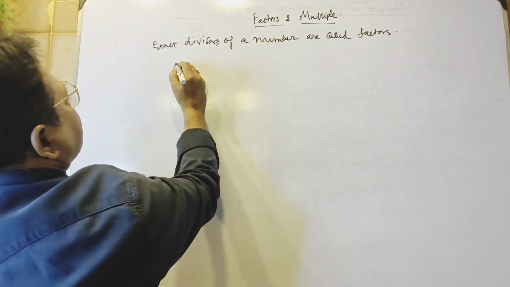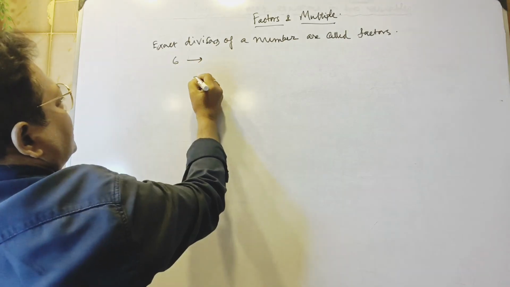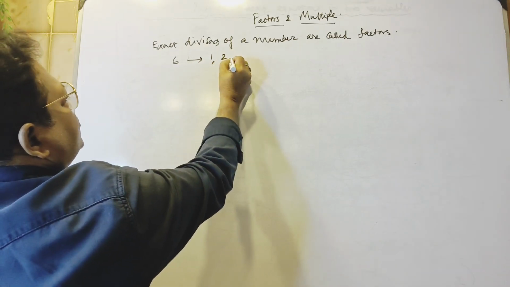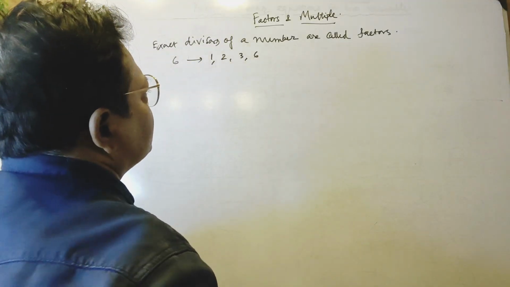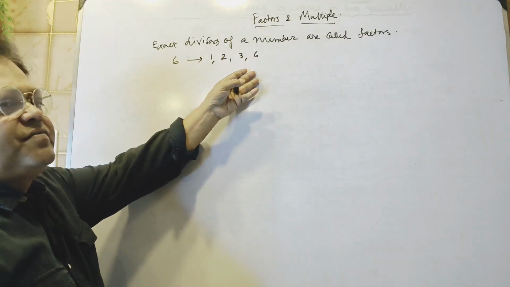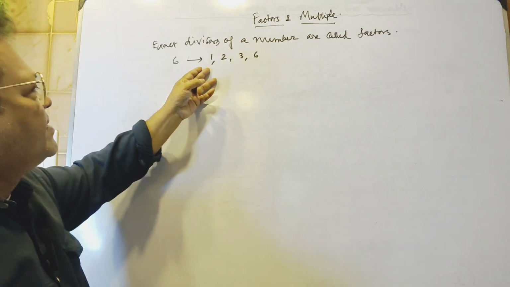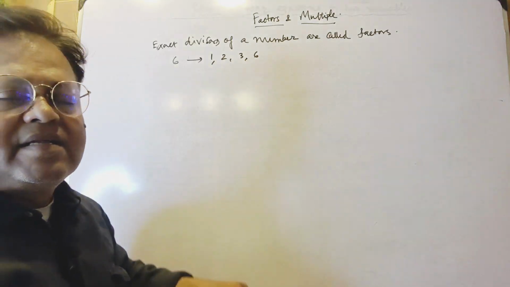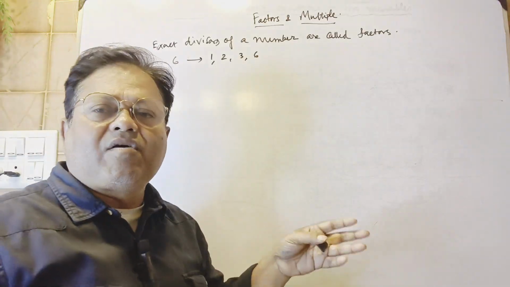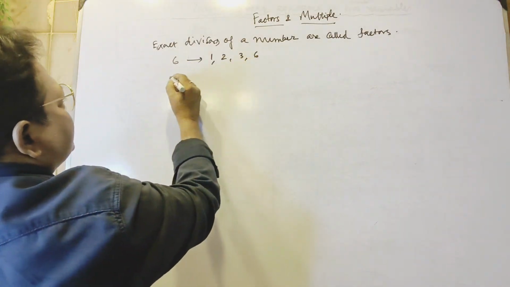As for example, 6 is divisible by 1, 2, 3, 6. So these are the factors of 6. 1 is a factor of every number, and the number itself is the largest factor of every number. So these are called factors.